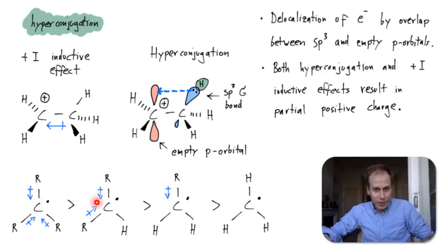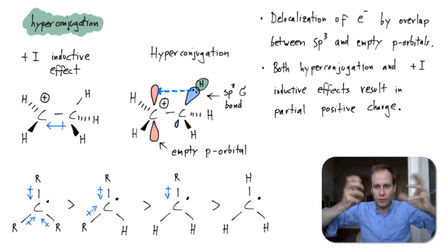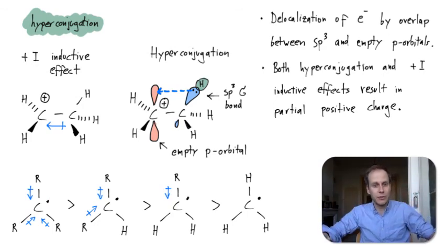You don't have to have a carbocation, but you can also have a radical carbon where there's one electron missing, and it also is hungry for another electron from these surrounding methyl groups. And the methyl groups also stabilize this carbon radical by hyperconjugation and plus inductive effect. And the hydrogens, again, are not as good in hyperconjugation. So you have more stability of a reactive intermediate if you have both an inductive effect together with hyperconjugation.